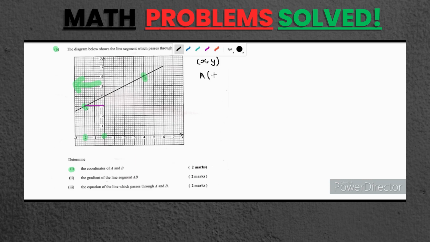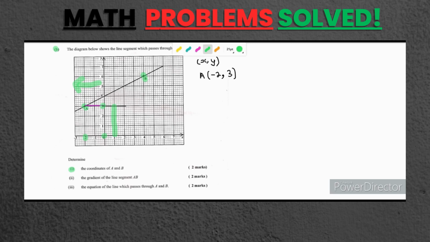So the x coordinate of A is negative 2. And what's its y coordinate? The y coordinate is the distance of point A from the x-axis, right? This distance, and you can see it's 3. So this will be the coordinate of point A.